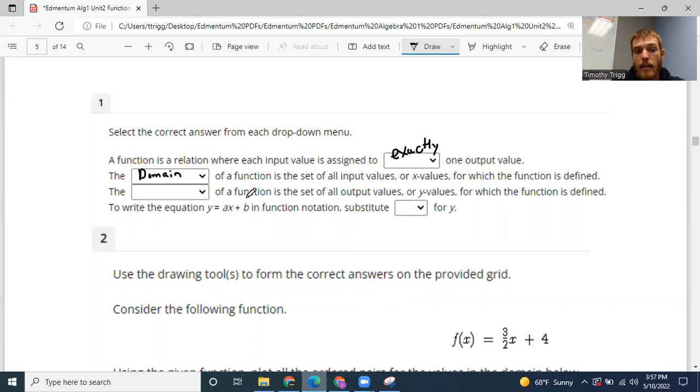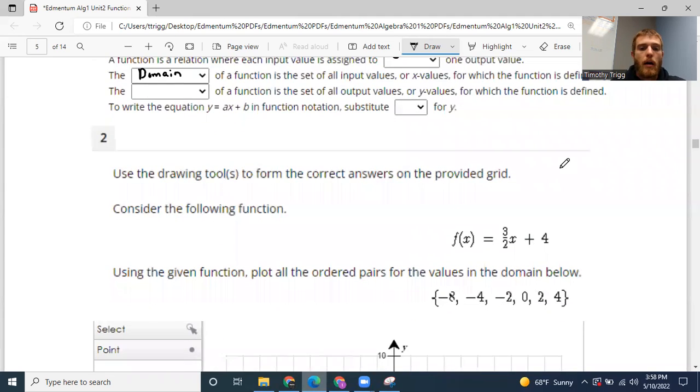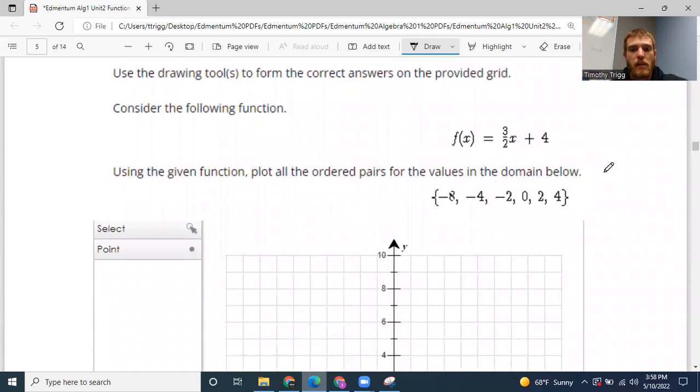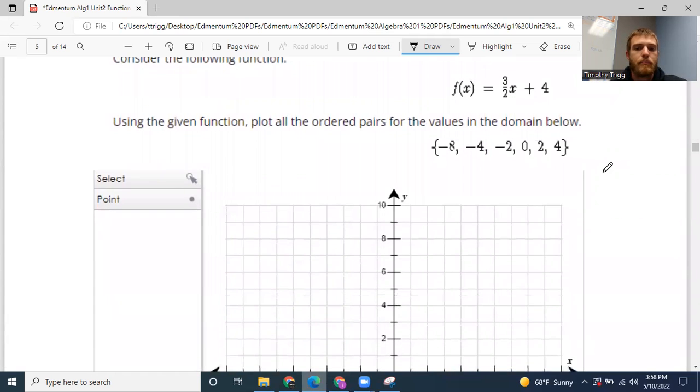Okay. The blank of a function is the set of all output values. So I think you should know that one. To write the equation y equals ax plus b in function notation, substitute blank for blank. You should know this one, okay? I'm going to help you at least a little bit on every question, but I'm not going to give you the full answer unless it's a really hard question.